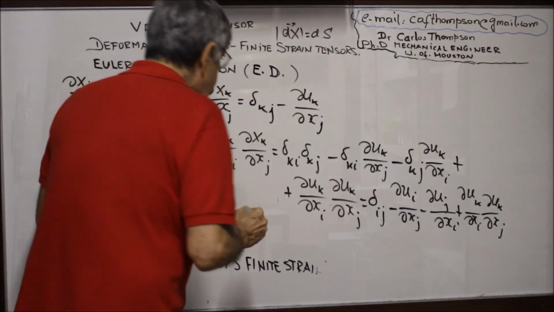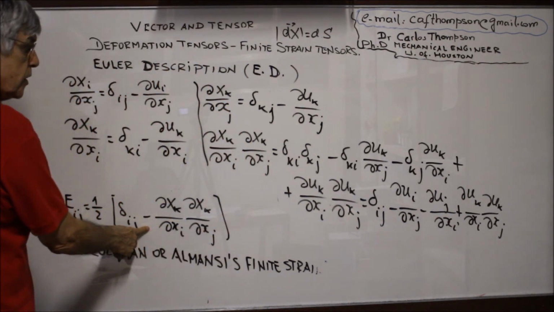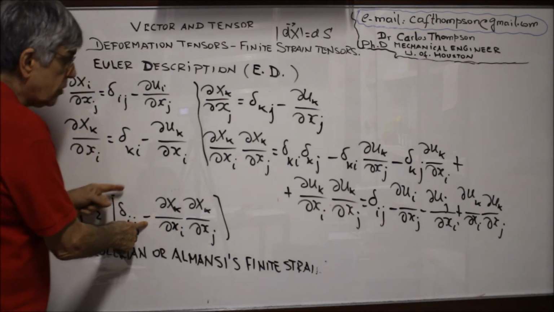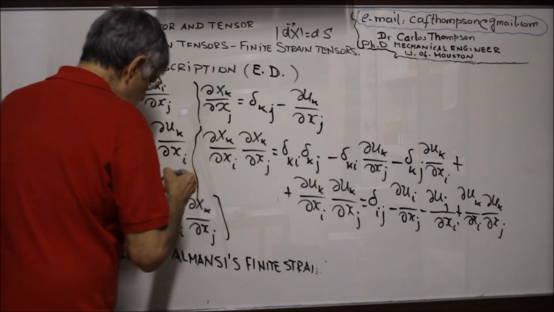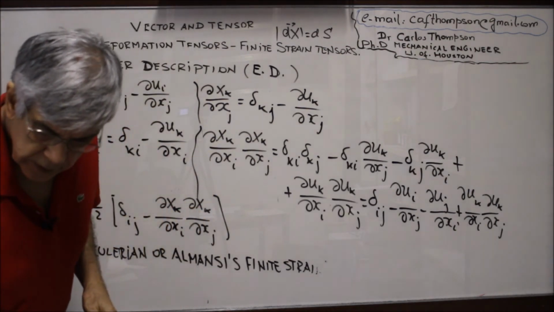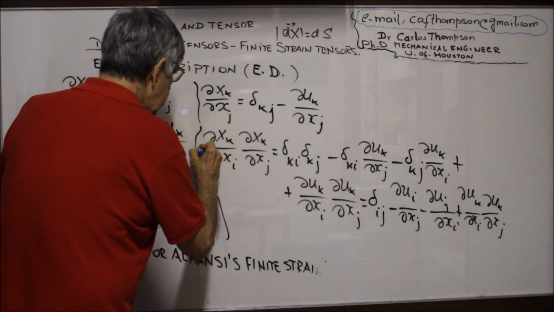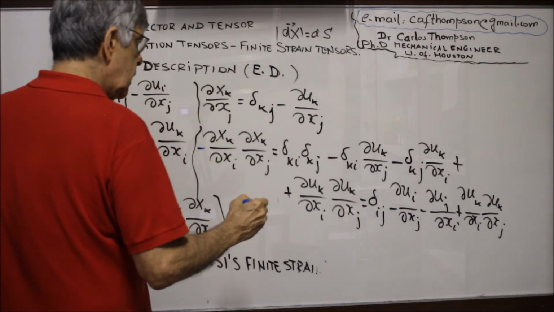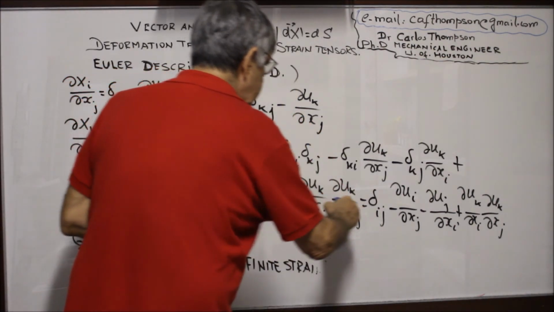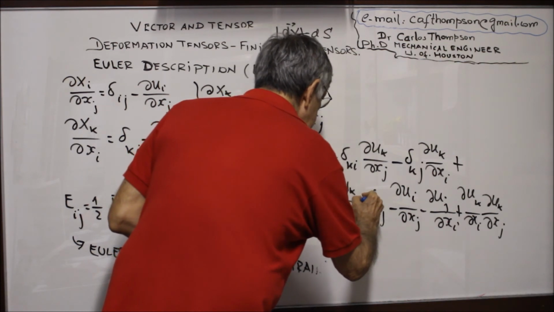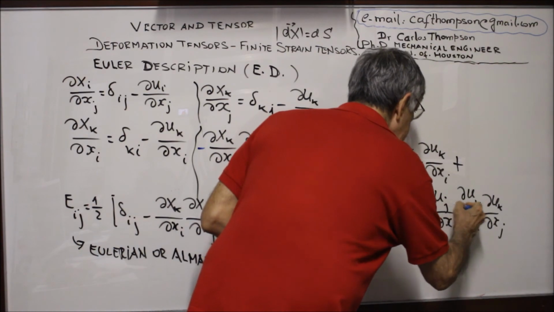Now, let's substitute this term over here. But this will have a minus sign. I'll put a minus over here. You'll have delta ij, I just put minus here, minus, this will be plus, this will be plus, and this will be minus.